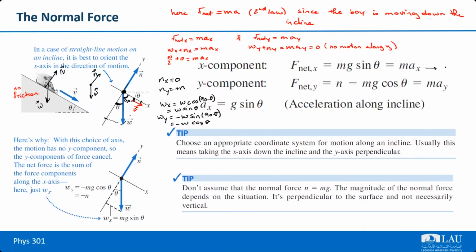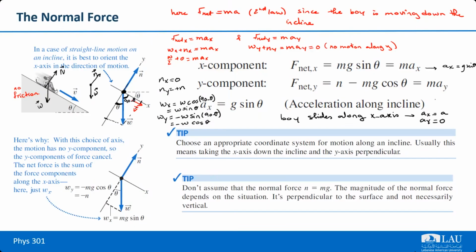So from here, I can deduce ax is equal to g sine theta. What about ay? Okay, let's look at our figure wisely. The boy is sliding down the incline, so they are sliding along the x-axis. So ax is a itself, and ay should be 0, because the boy is not moving along the y-axis, right?